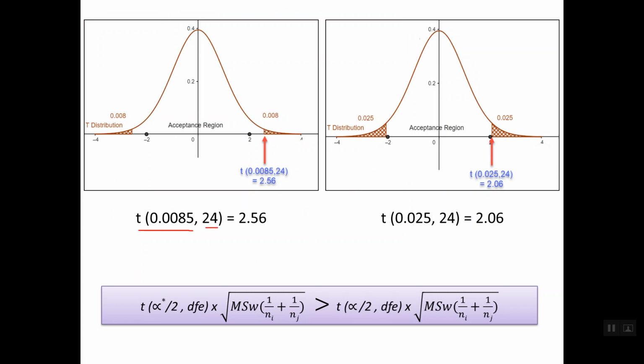And the degree of freedom is 24. So if we see the distribution curve above, the value of t in this case is 2.56.